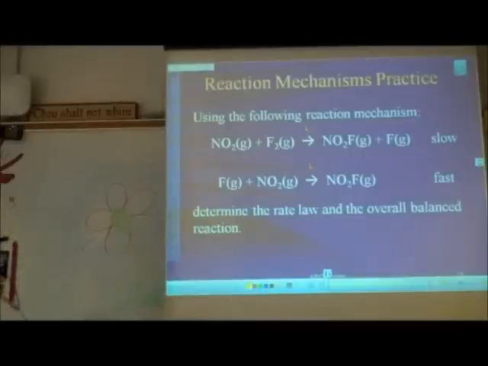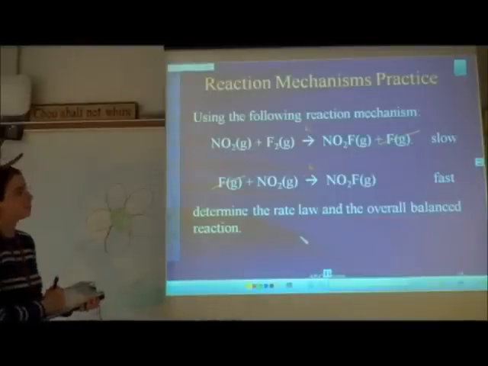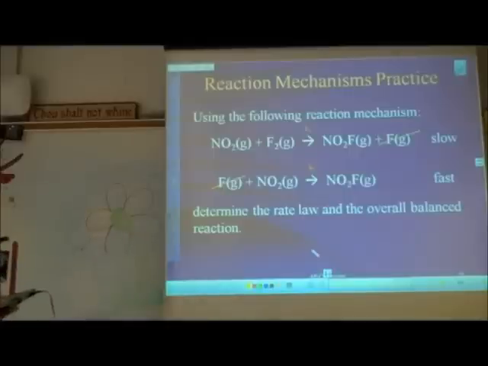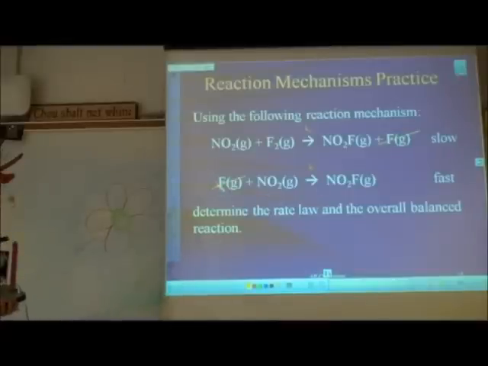Yes. What is it? F2 or just F? Just F. You're right. That is an intermediate. Do you see a catalyst? Nope, there is no catalyst in this mechanism. There is an intermediate, but there is no catalyst.